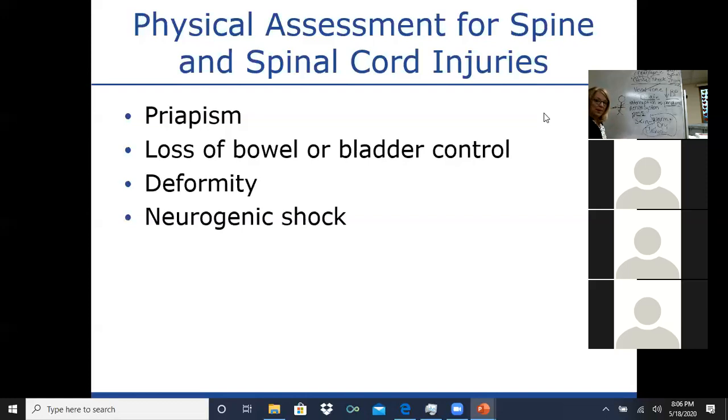So with that being said, what is going to happen to the vessels up here above the injury versus the vessels below the injury? So the vessels below the injury would dilate, and the vessels above the injury would do whatever the medulla is still sending the message to do.